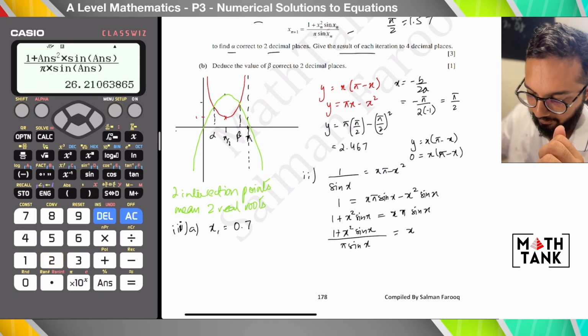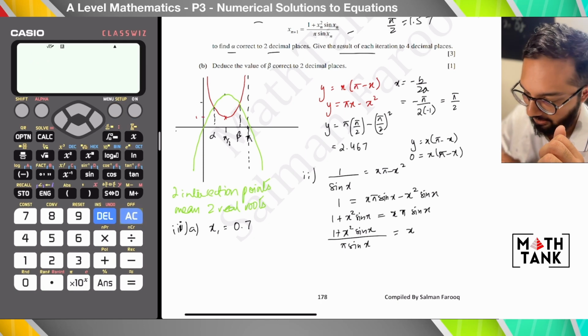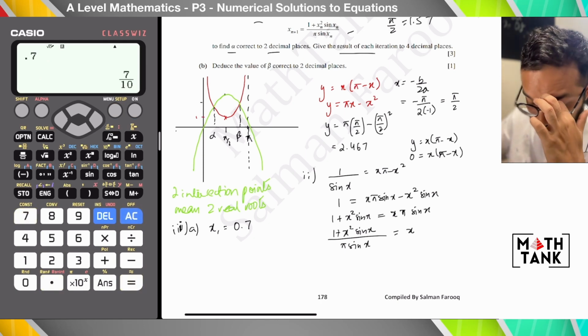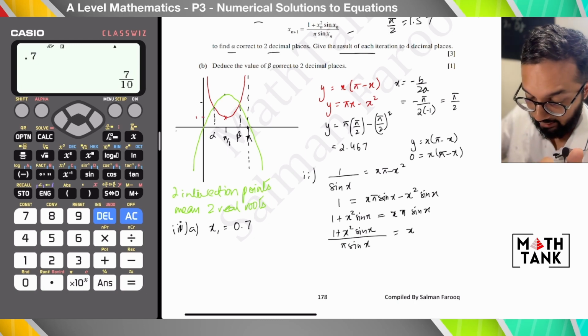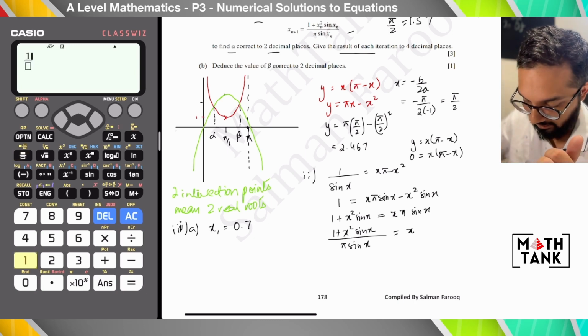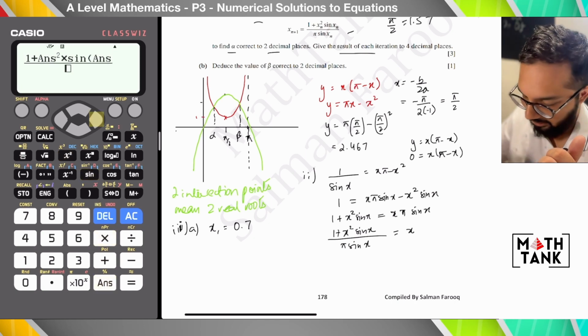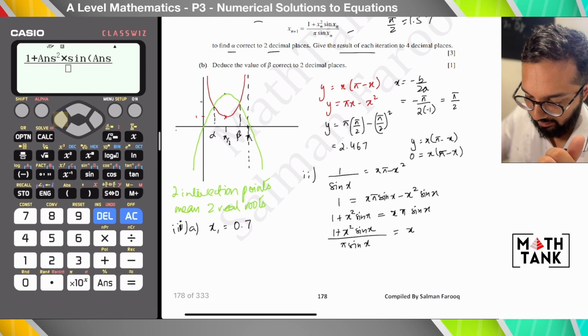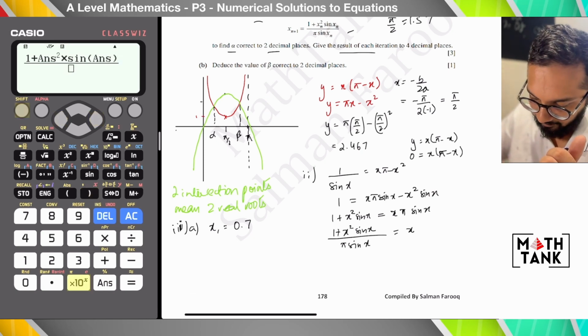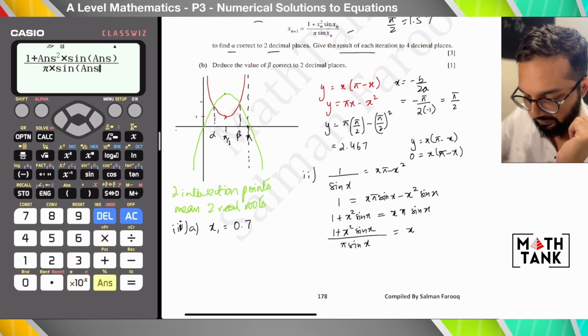I'll need to do this again because the calculator didn't pick that up. You have to be careful about that. I'm going to write this again: 1 plus answer squared into sine of answer over pi into sine of answer.